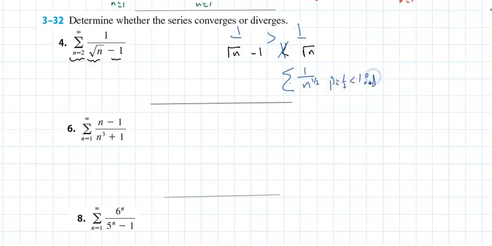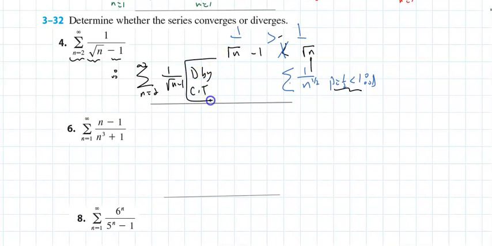Therefore, this diverges. So what did I show? I've just shown that this series is smaller than this, and I've shown the smaller diverges. Therefore, the series n equals 2 to infinity of 1 over square root of n minus 1 diverges by the comparison test.